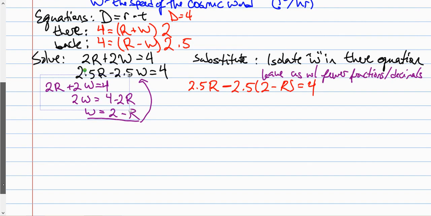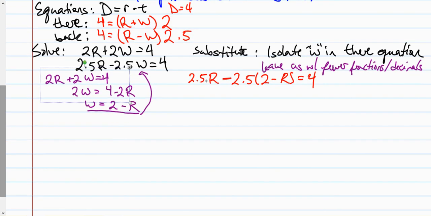And now I'm just going to solve and hope I do so carefully. 2.5R minus, okay, 2.5 times 2 is 5, and then plus 2.5R equals 4.